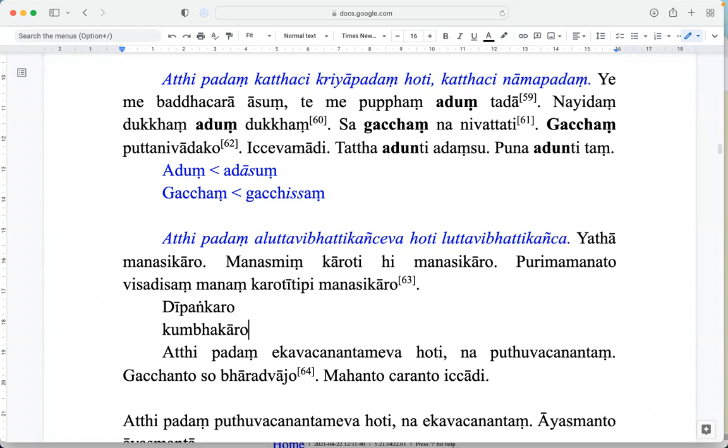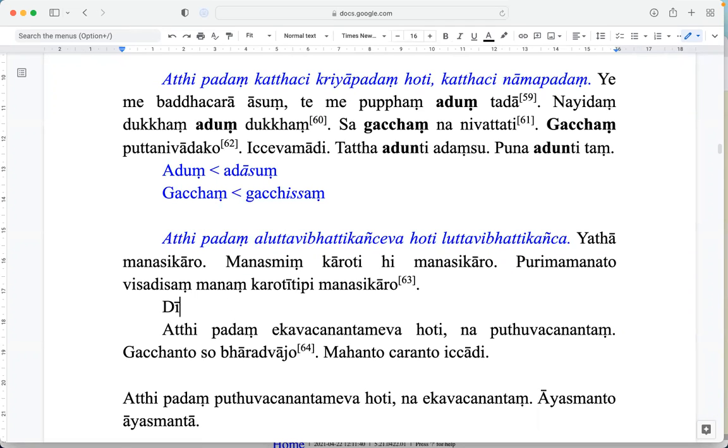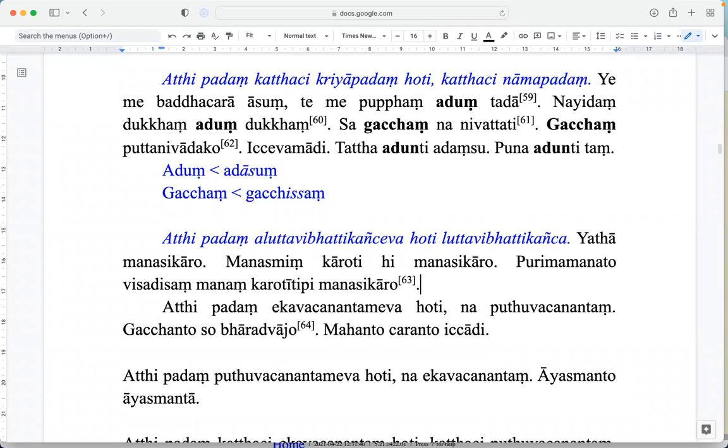But Sayadaw, you see, the same word they can use aluda and lauda. Like manasigaro, a single word, a single form, the same form.